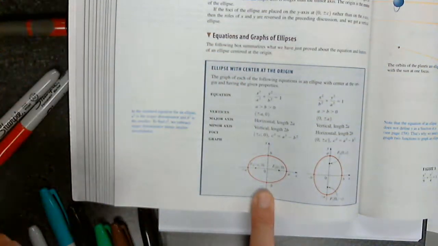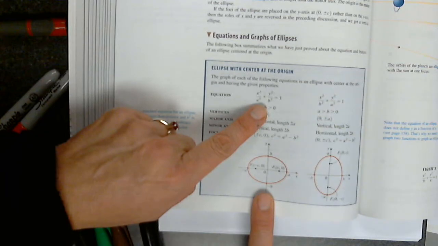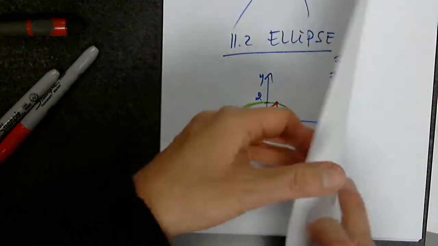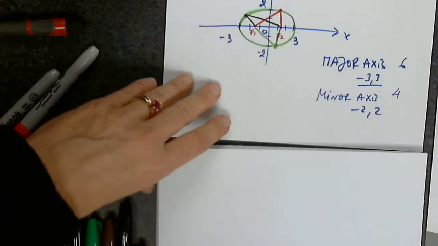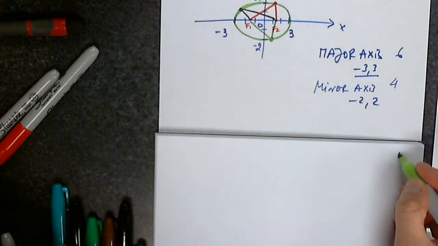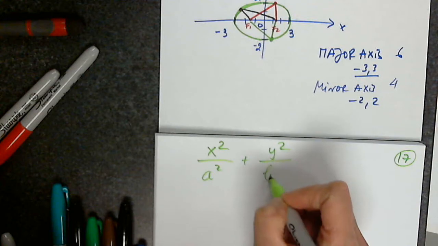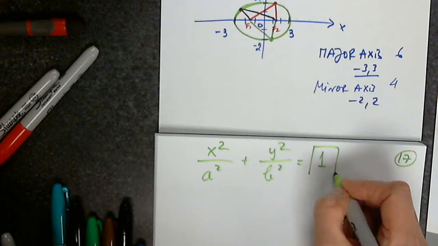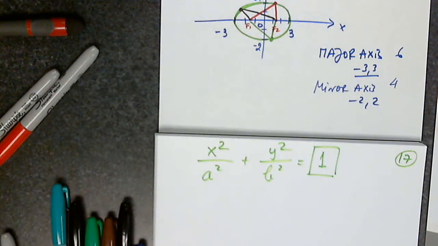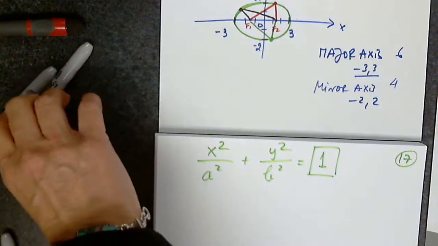And here is the equation. The equation of the ellipse requires 1 on one side. This is mandatory. In the circle, we could have any positive number. But in the ellipse, in order to identify the type of ellipse, we have to have 1 on one side, mandatory.